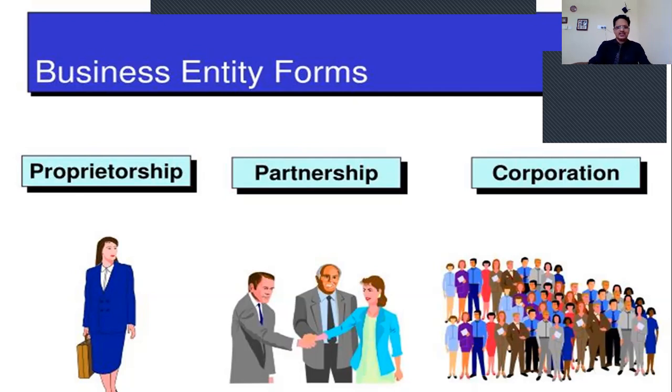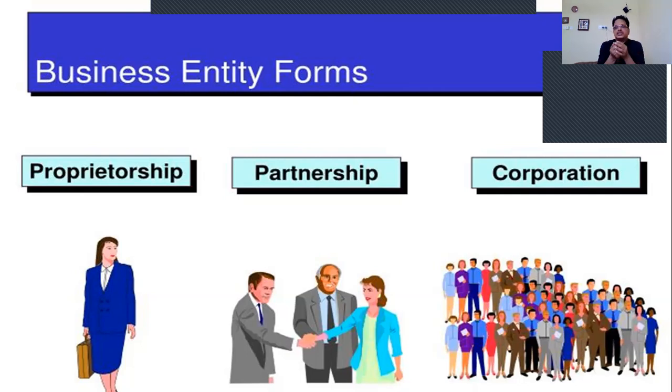I just give a glimpse of this to have an idea, because this is not the ultimate decision. There are many decisions a businessman has to take before starting the business. One of the decisions is to decide the form of business or entity form. According to the entity form, there are mainly three forms: proprietorship, partnership, corporation.